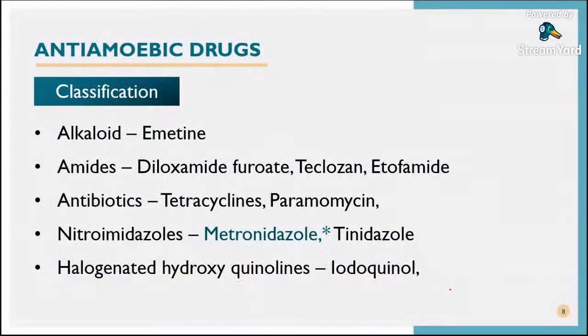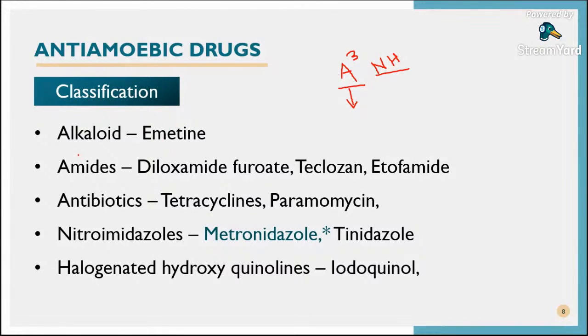So there are 5 classes. How many classes are there? 5 classes. It's very easy to remember. You can just make some shortcuts. A3NH. NH stands for National Highway, and you can give any logic for this A3.